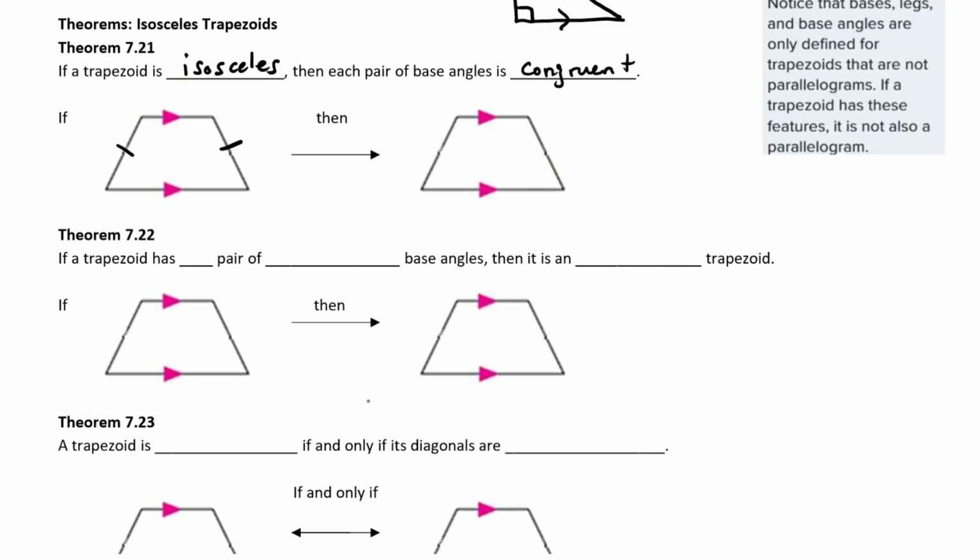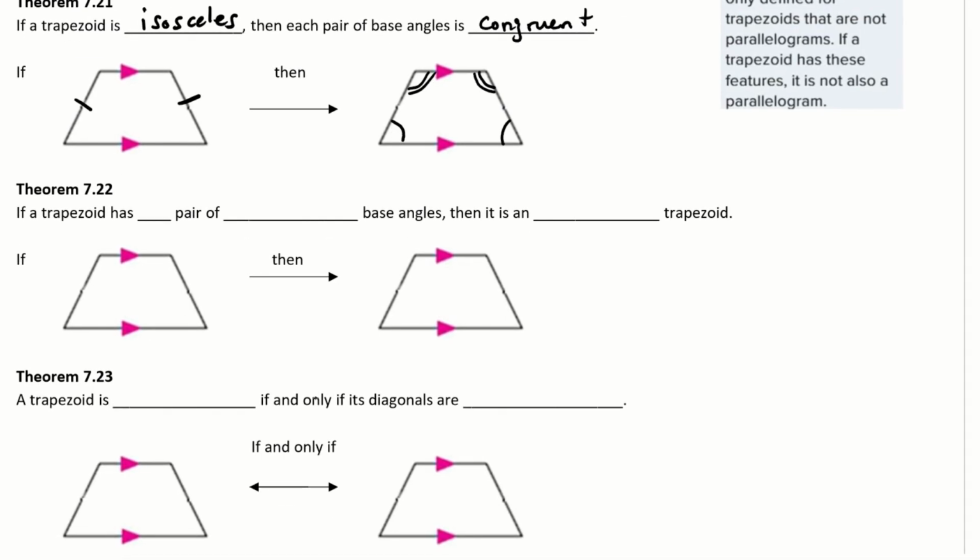So this pair of base angles is congruent, and this pair of base angles is congruent. All right. Also, we would know that these are supplementary, and the reason they're supplementary is because of the consecutive interior angles theorem.